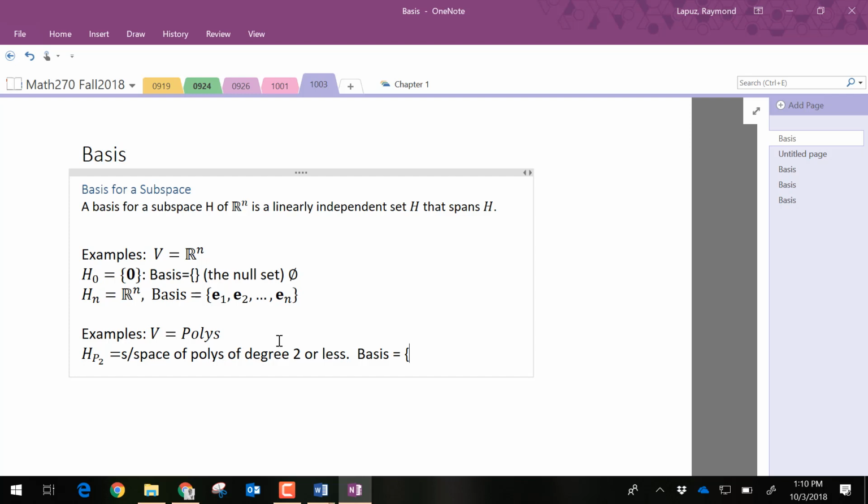Right. So ax squared plus bx plus c is your generic quadratic, right? But the a, b, and c are just the constants or scalars, right? And so if I want to just ignore those scalars, and we get to add them up anyways, what's left when you ignore those scalars?